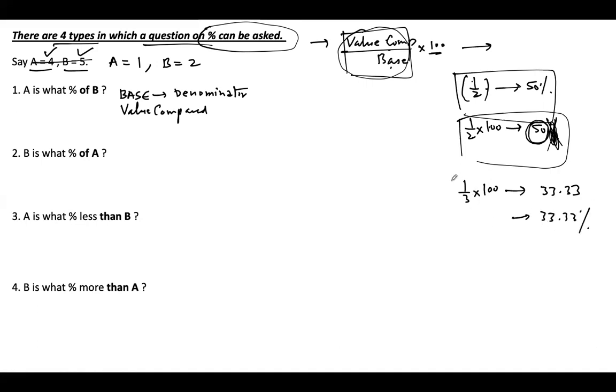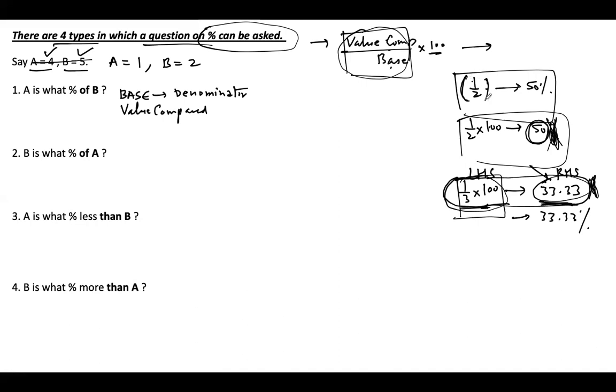If we are multiplying by 100 to convert into percentage, then 33.33%. But you can't write 33.33 percentage here. Why? See, 1 by 3 into 100 is 33.33. Left hand side should be equal to right hand side. So on the left hand side you have 33.33, so on the right hand side it should be 33.33.